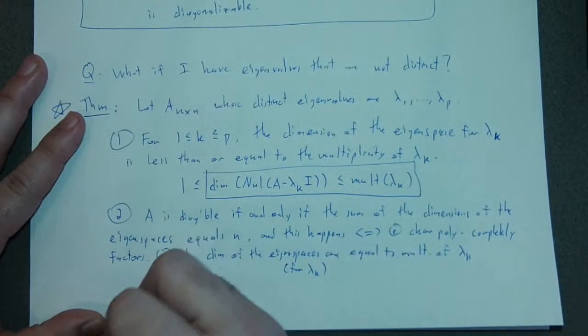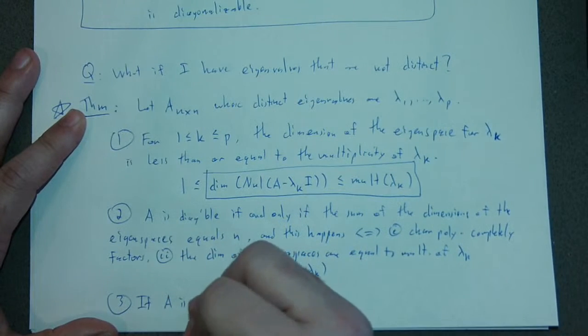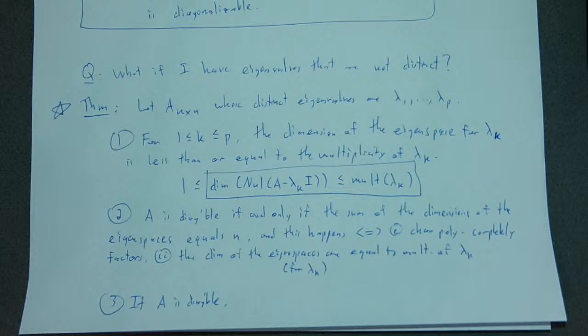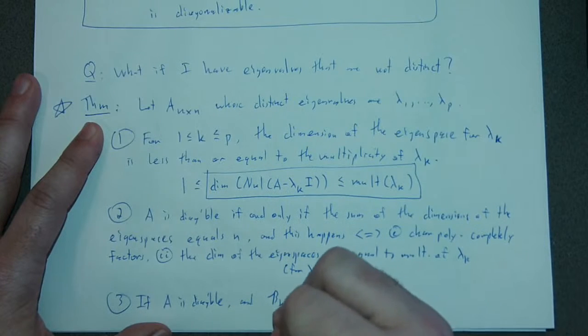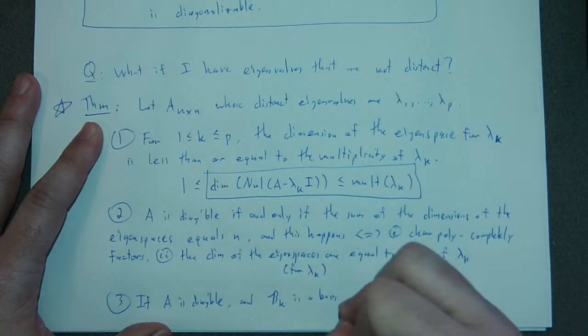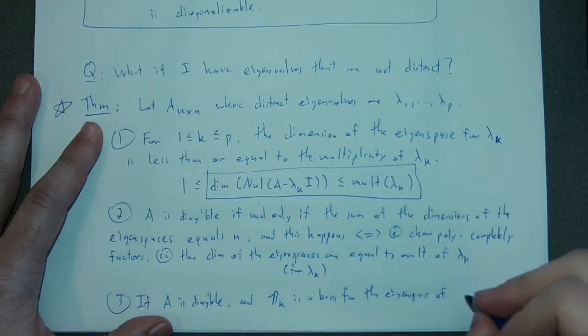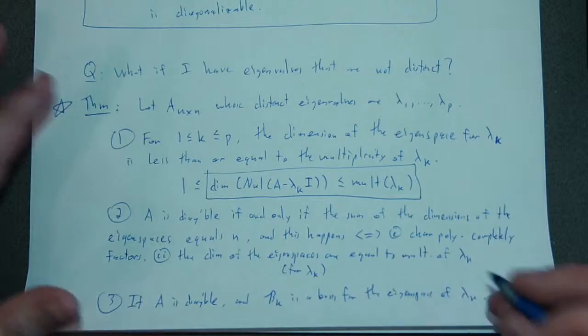All right, and then lastly, if A is diagonalizable and script B sub k is a basis for the eigenspace of lambda sub k, that is, the null space of A minus lambda sub k I, then the total collection of vectors from all those bases forms an eigenvector basis for Rn.